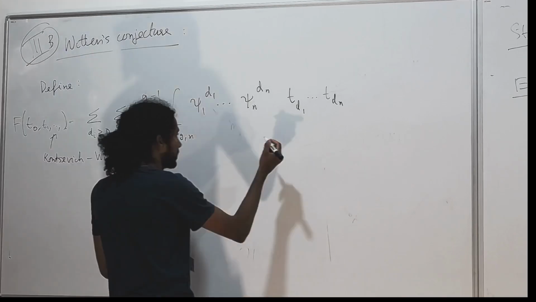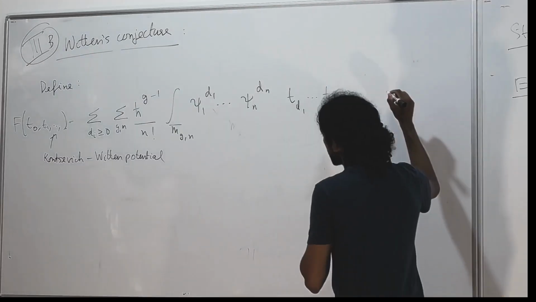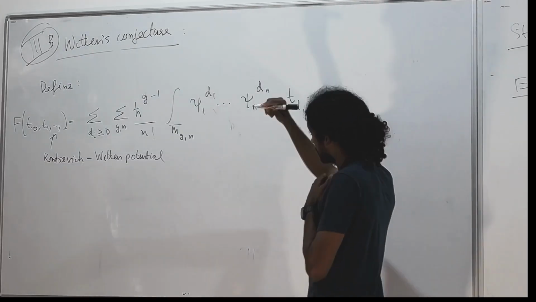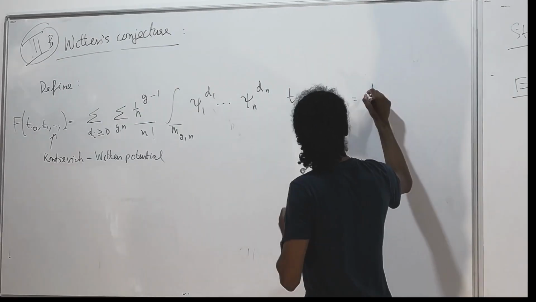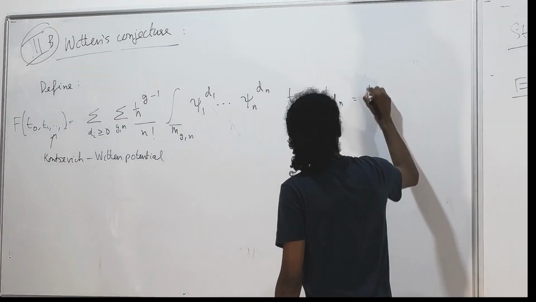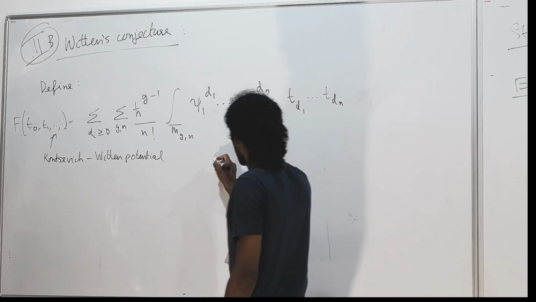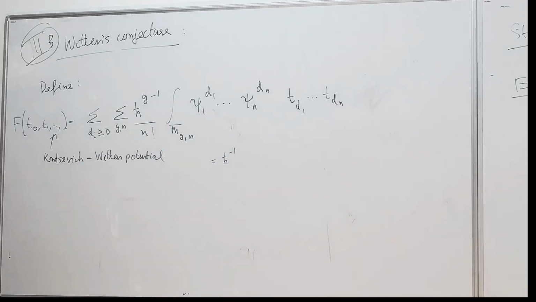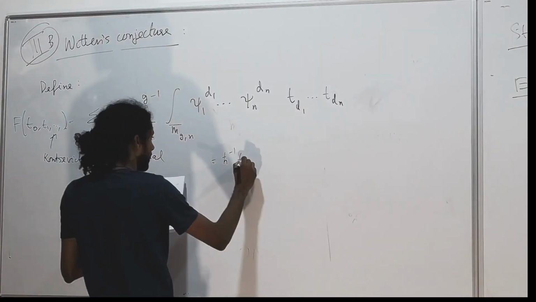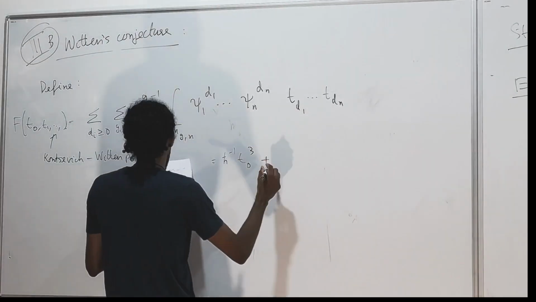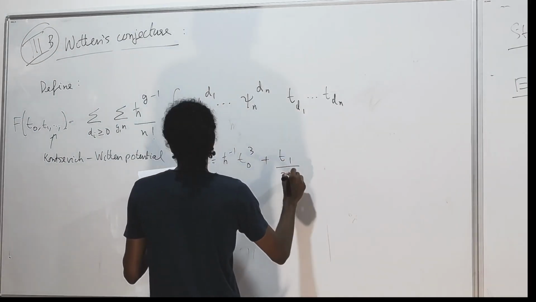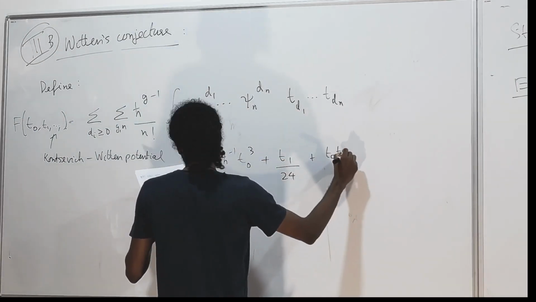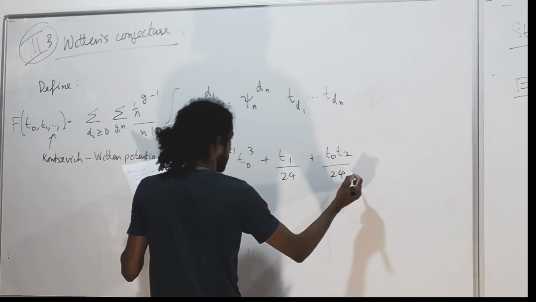So maybe it's worth writing down. Genus 0, 1 mark point, right? So I have h bar right here, h bar to the minus 1. So this is encoding all psi-class intersections, right? That's one.